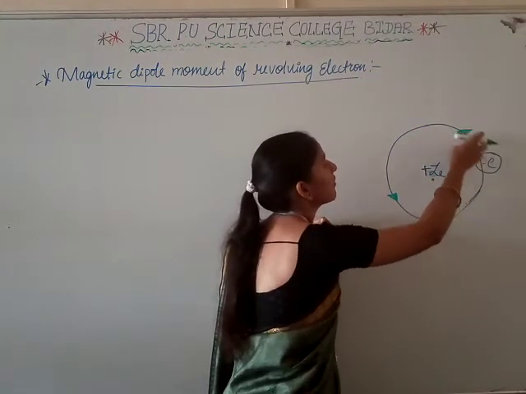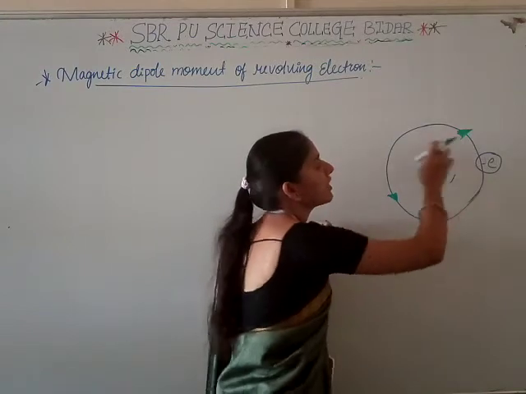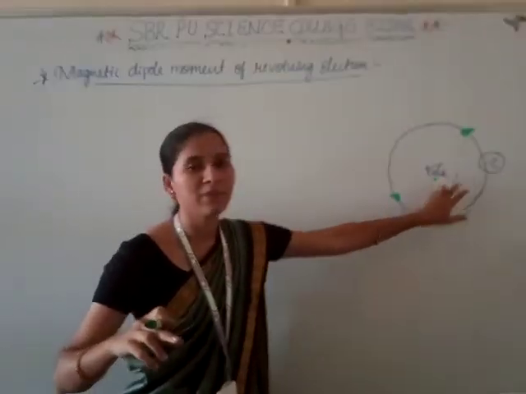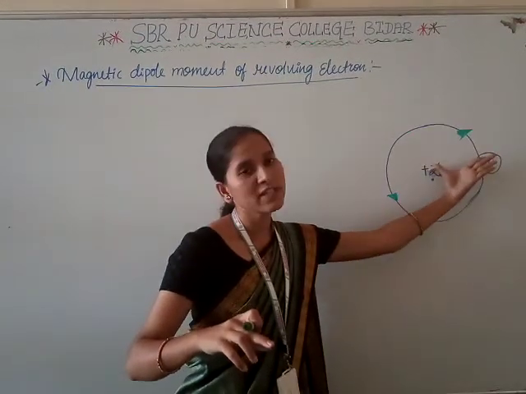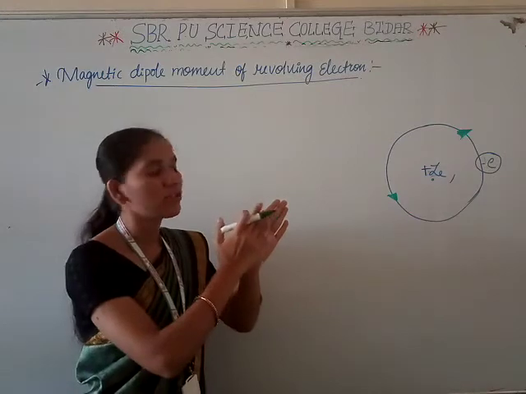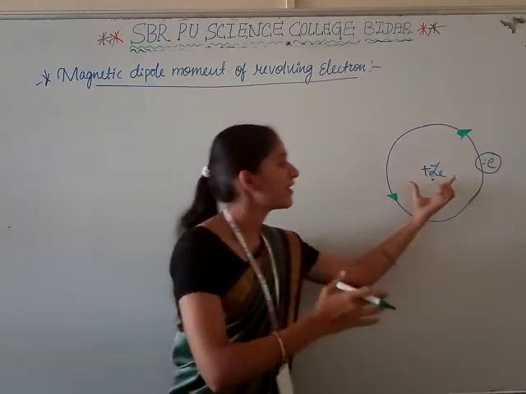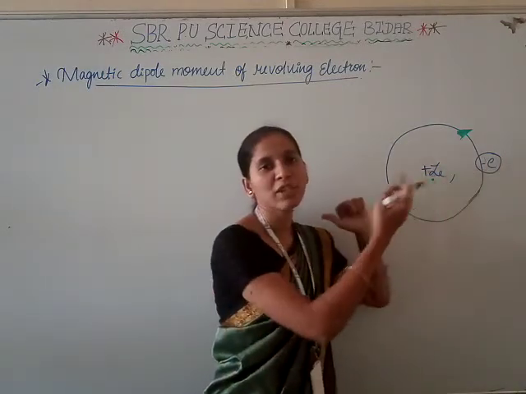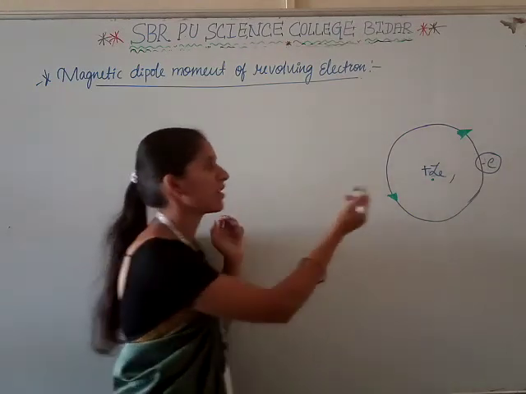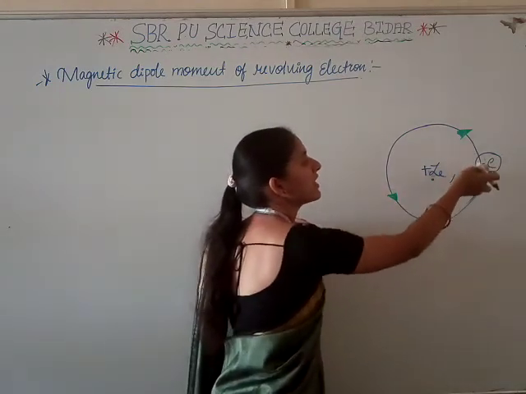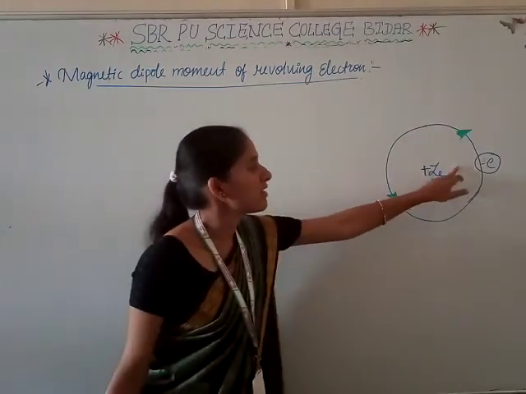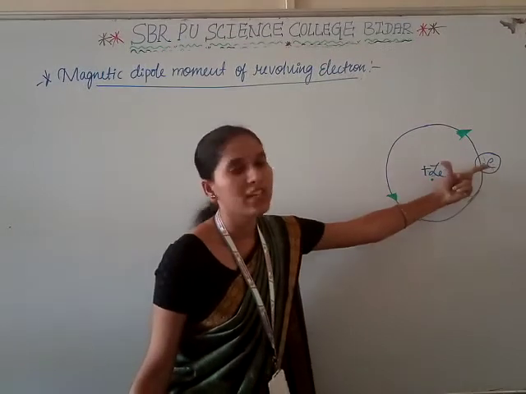When it revolves around the positive nucleus, the electrostatic force produces a centripetal force, which means toward the center. Here we have a positive and a negative charge. Both are opposite charges, so they attract each other. When it comes towards the center of the charge, it is called centripetal force.